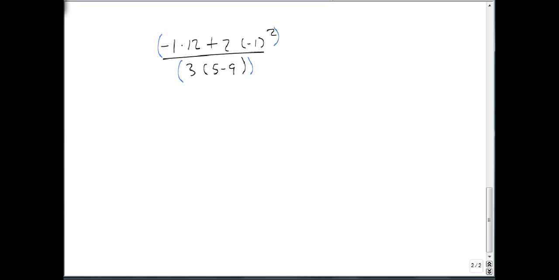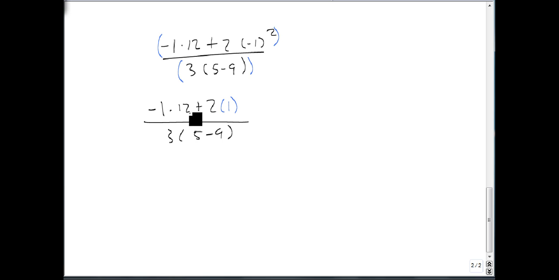So we just need to move through our order of operations on the top, then on the bottom, and then perform our division. So on top, we're going to deal with the power first, so minus 1 squared becomes a positive 1. And we'll leave the bottom completely undone.